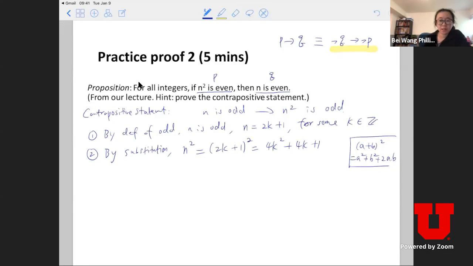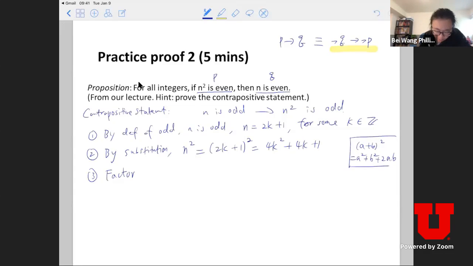Okay. The third step is now we have expressed n squared as 4k squared plus 4k plus 1. I need to prove it's odd. So remember, I need to, again, use the definition of being odd, and I need to do some algebra.